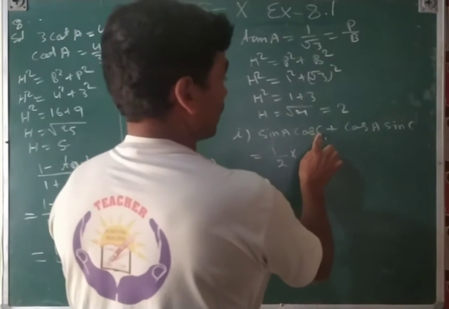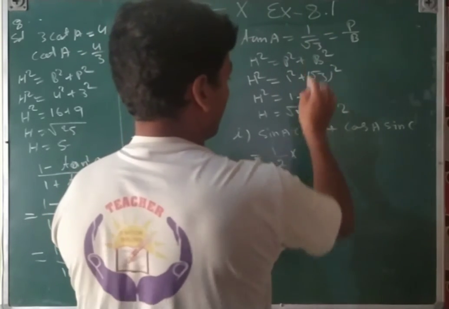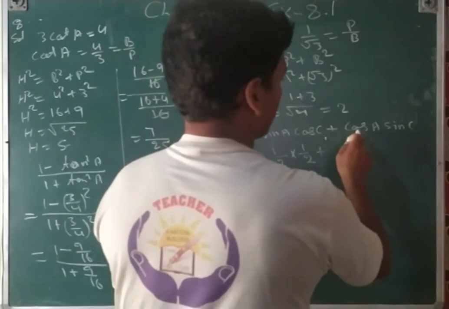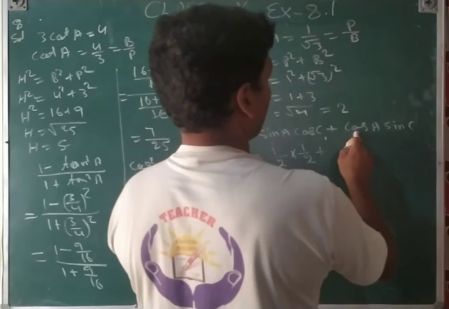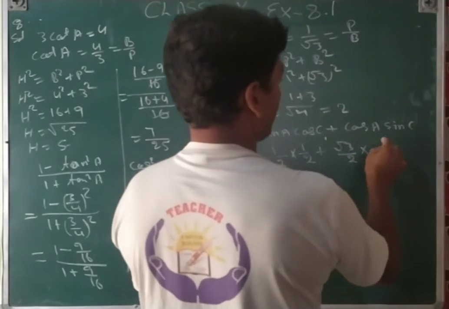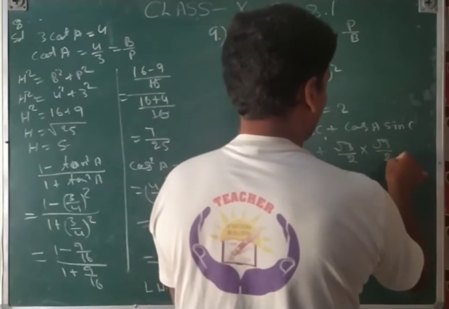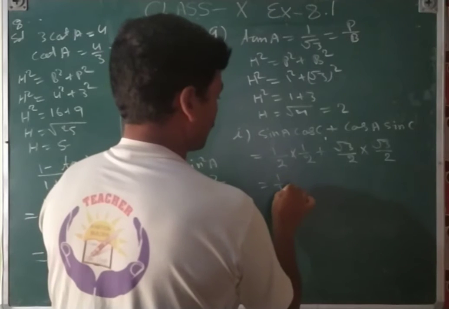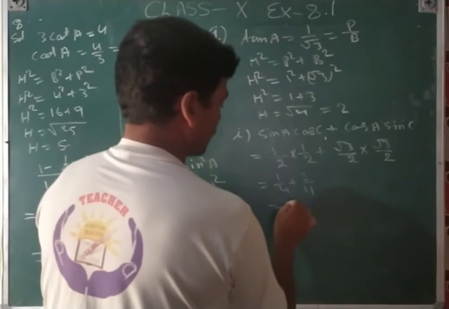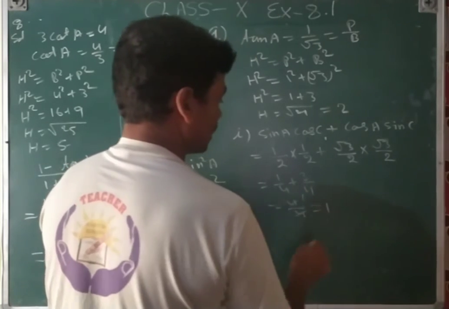Now the C is this one, the angle is different. So now that base will be 1 upon 2 plus. Now cos A, so base will be the same, under root 3 upon 2 multiply. Now sin C, so that perpendicular will be this one, under root 3 upon 2. Now that 1 upon 4 plus 3 upon 4. So 3 plus 1 is 4, because both denominators are the same, 4 upon 4, that is 1.